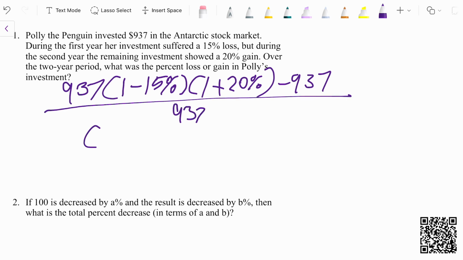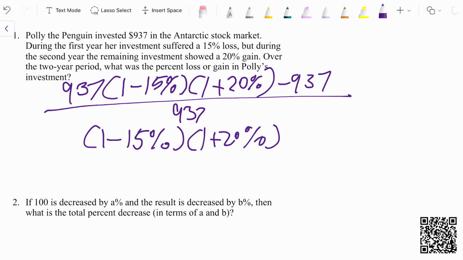So after this, we're going to get this equation. Plus 20%, minus 1. And here we can just solve, basically, since this is 85% and then this is 120%.